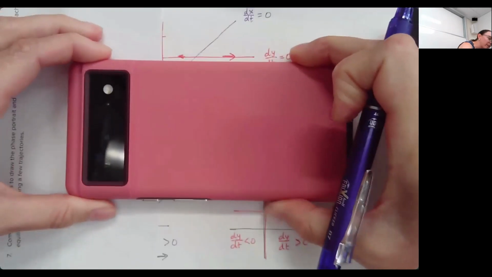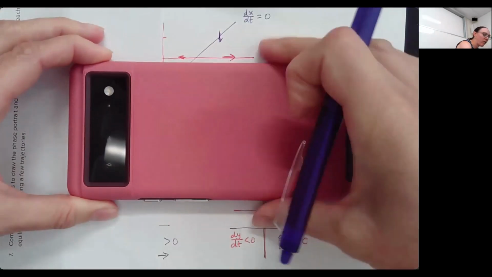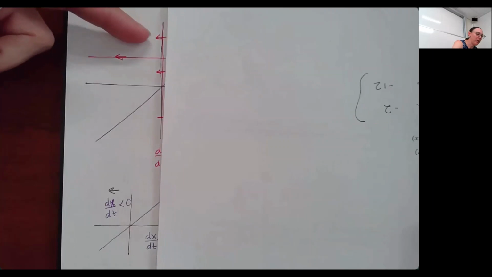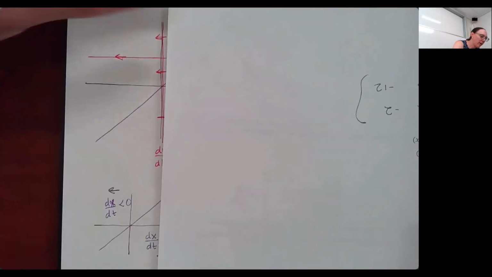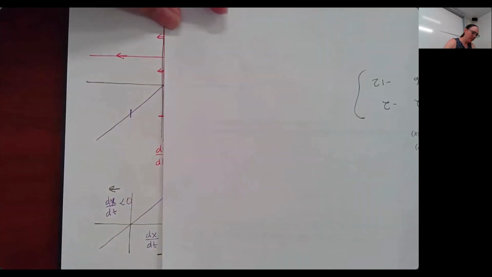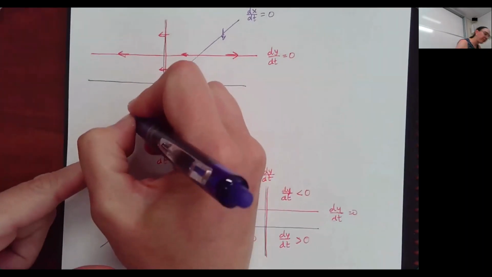If I look along that quadrant, my nullcline's got to be pointed down. I don't have a purple line up here, so I don't have to worry about it. So here, my purple line is going to be pointed down because of my dy/dt.